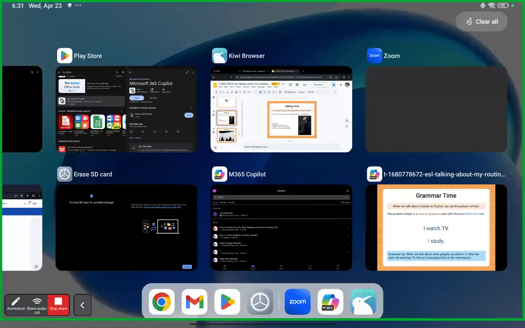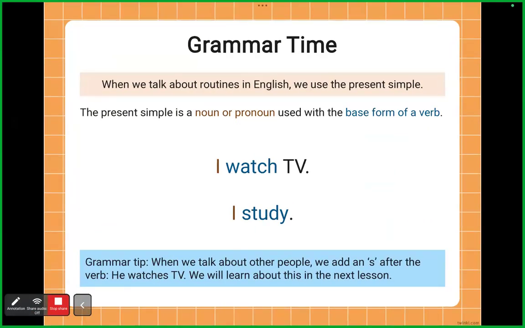So far, 7 students. Okay, dears, remember our main objective during this class is the present simple tense. By the way, this is class number 4.